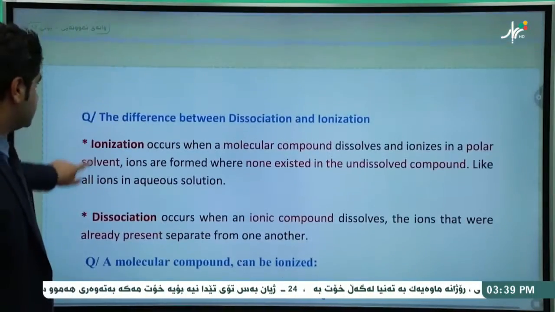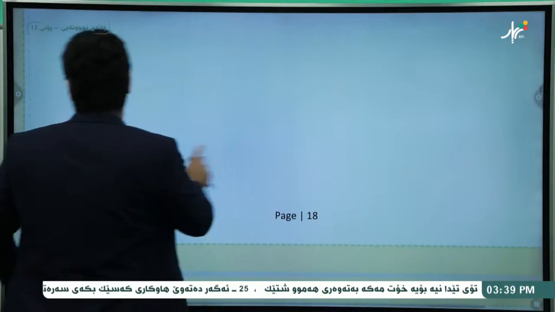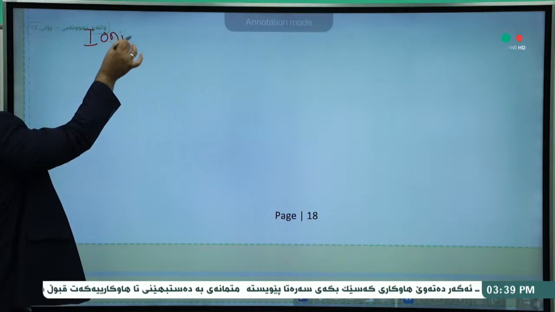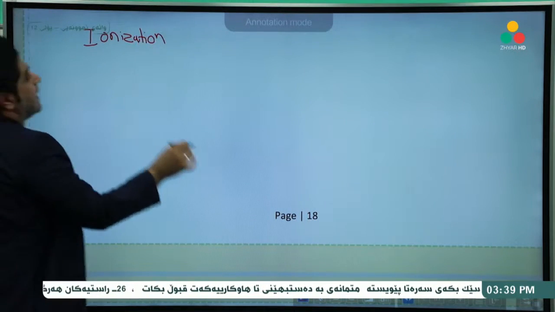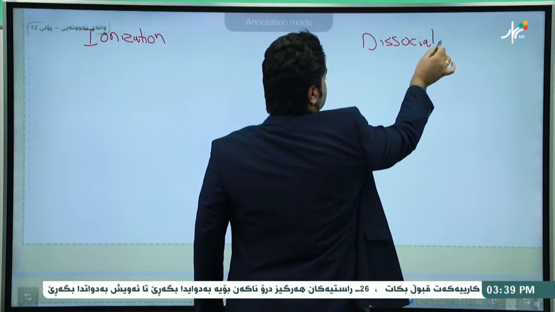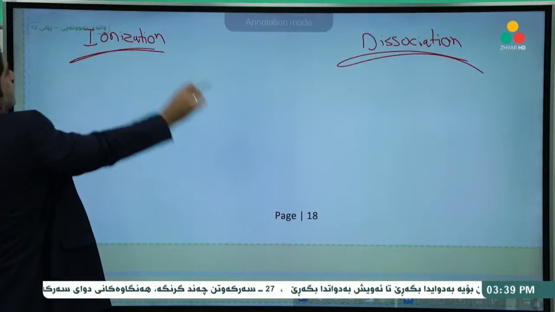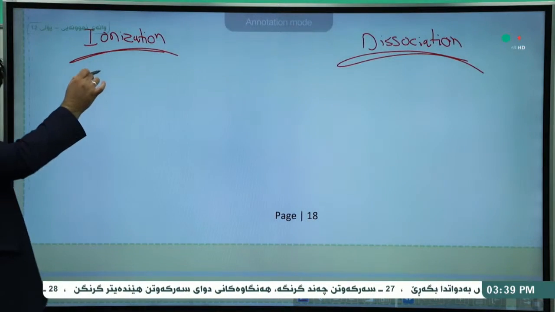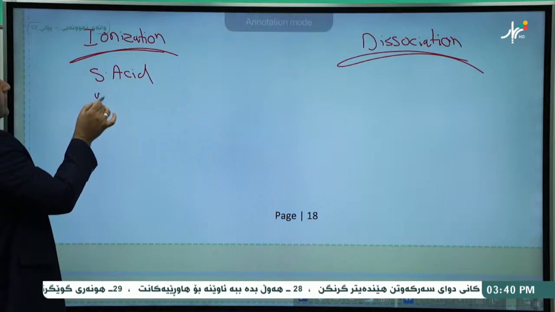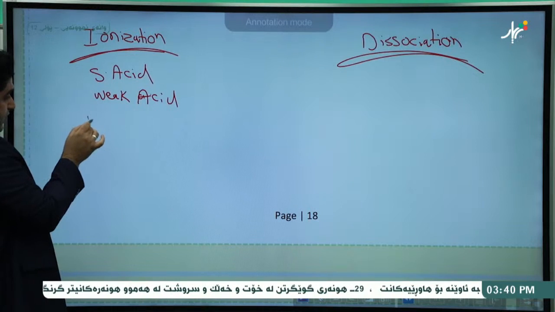Look, ionization is applicable for strong acids, weak acids, and weak bases.